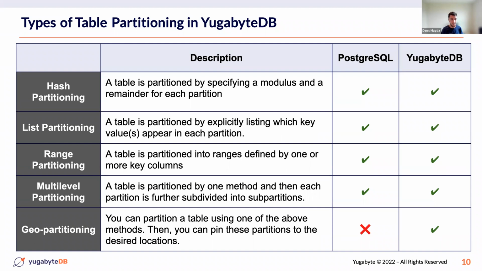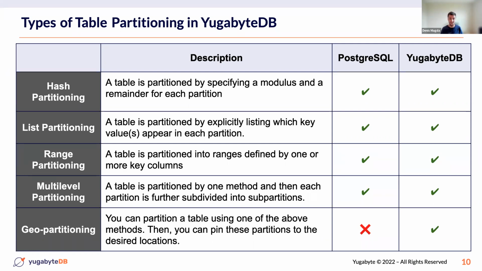Range partitioning is an excellent choice when you want to define one or more keys, and those keys are numeric keys or datetime values, and you can create different ranges. For instance, you want to store all the values from 1 to 100 in one partition, and all the values from 100 to 500 in a different partition, or those can be time-bound ranges. Again, we will see how it works with our pizza orders example.